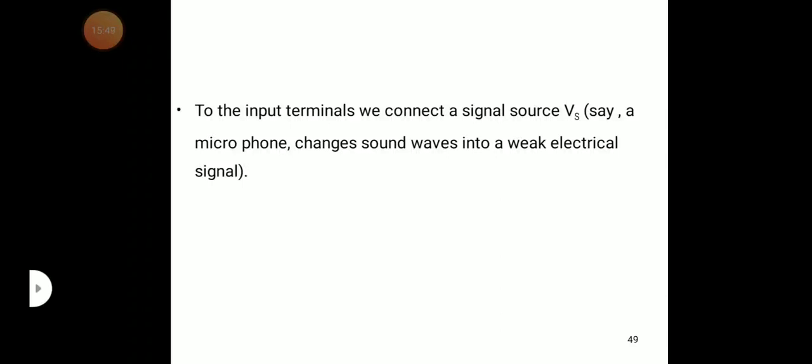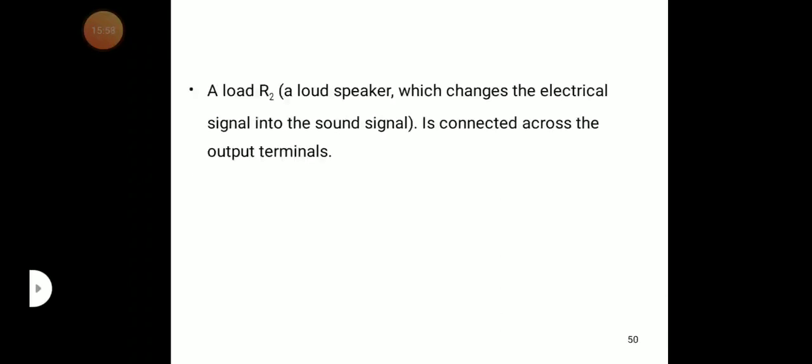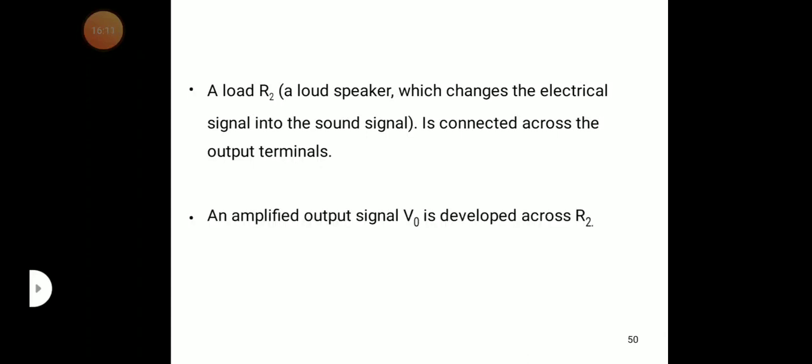To the input terminals we connect a signal source Vs, that is a microphone that changes sound waves into a weak electrical signal. A load R2, a loudspeaker which changes the electrical signal into a sound signal, is connected across the output terminals. An amplified output signal V0 is developed across R2.